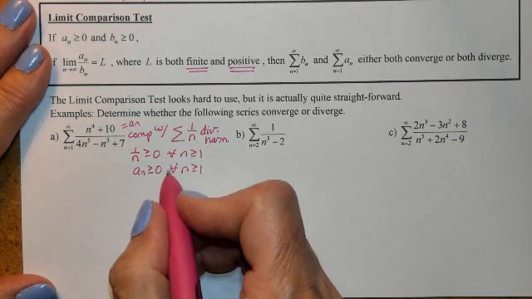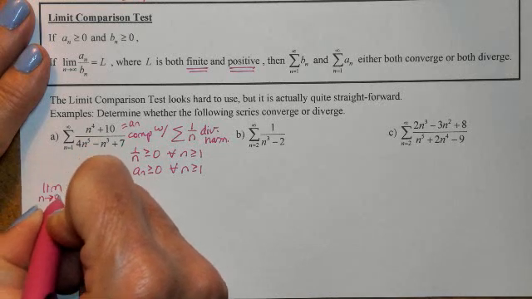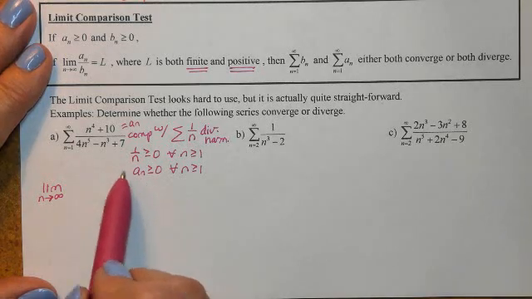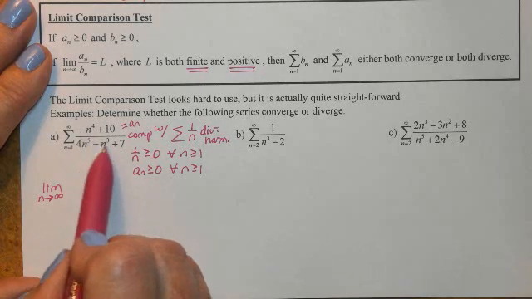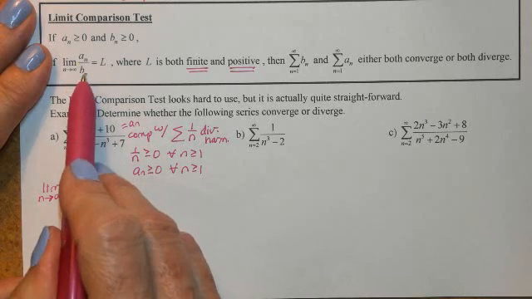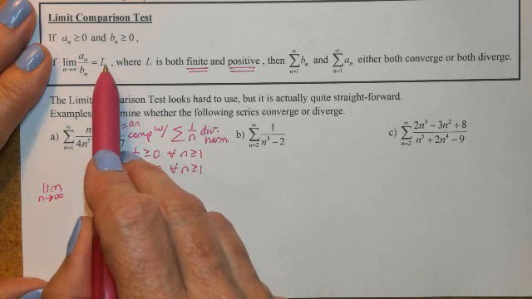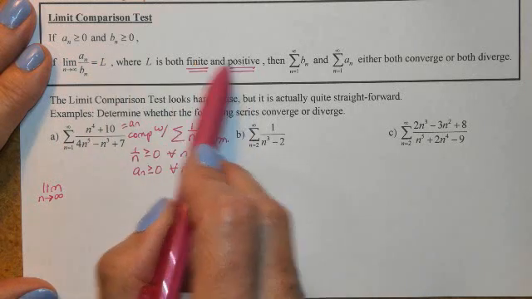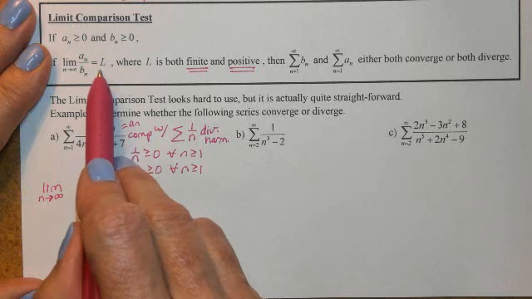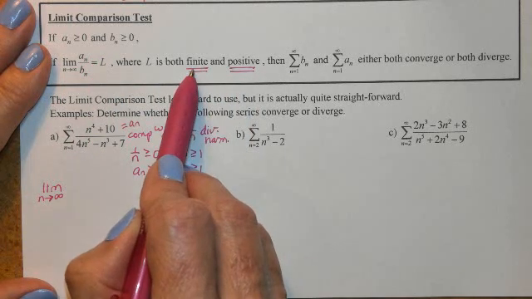All right, so now we do the limit. Limit as n goes to infinity. I like to put the more complicated thing on top. It doesn't matter. Do not worry about which is A and which is B. All we care about is that we get a finite positive number. We don't care what the number is. All we want is it finite and positive. Finite means it's not infinite.